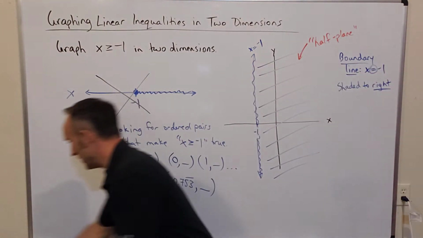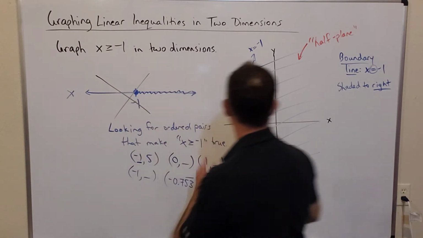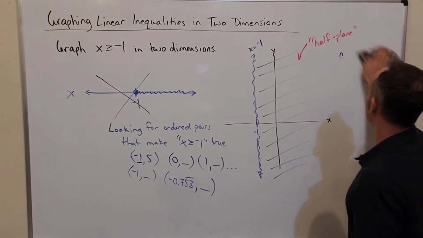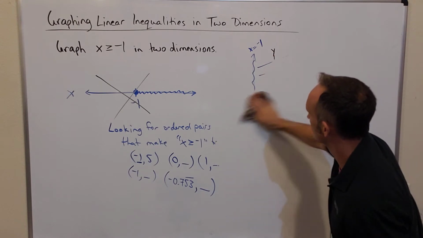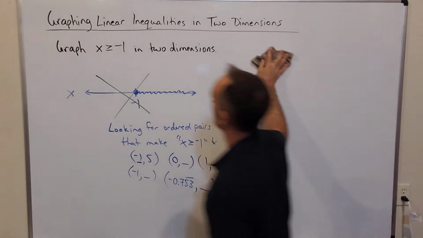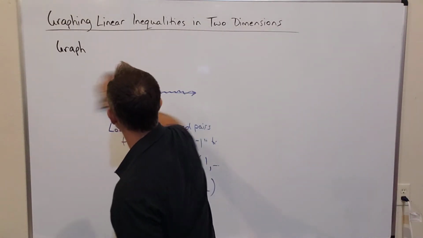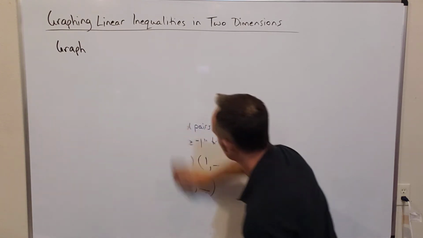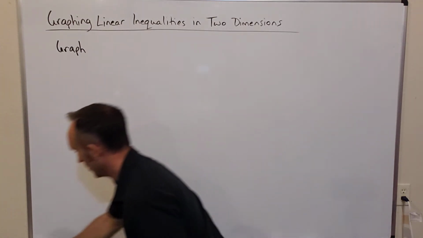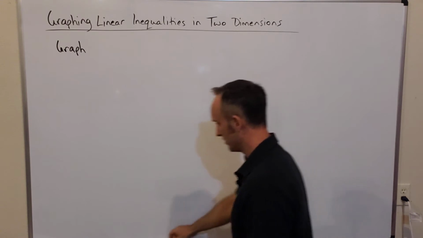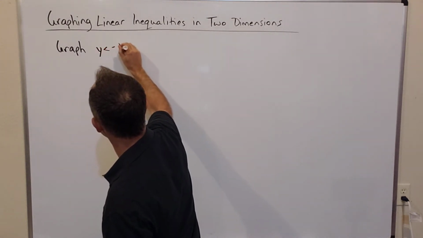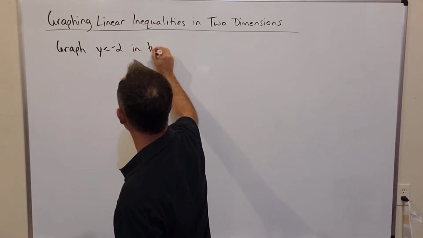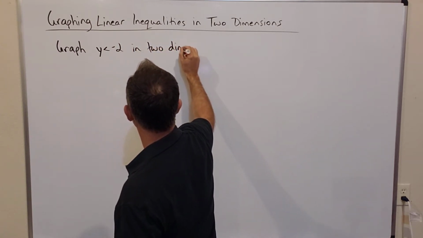Let's look at another basic example that's similar, but we'll use the variable y instead. All right, so the next one is to graph y is less than -2, and we want to do that in 2 dimensions.